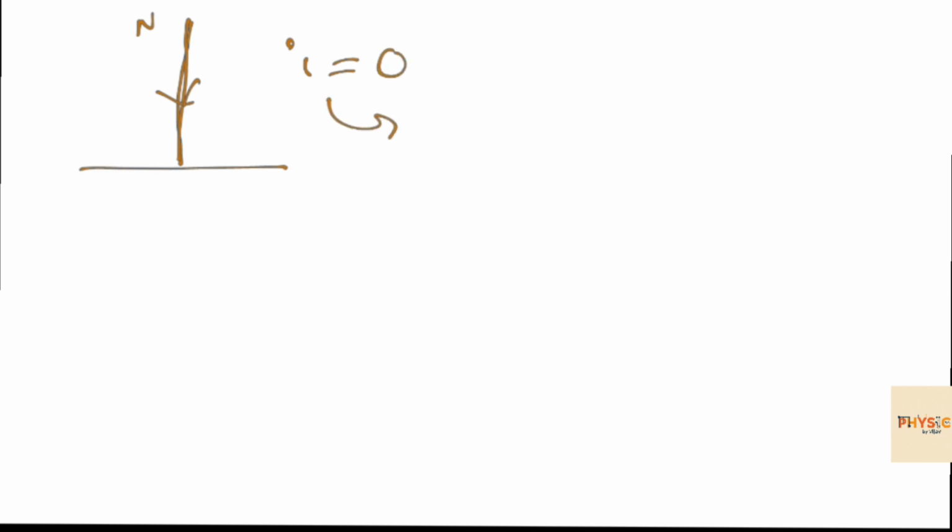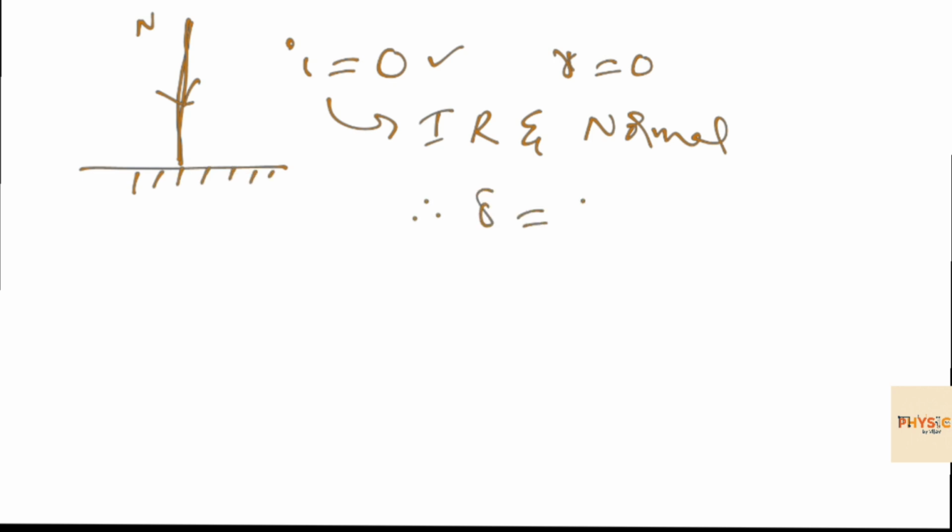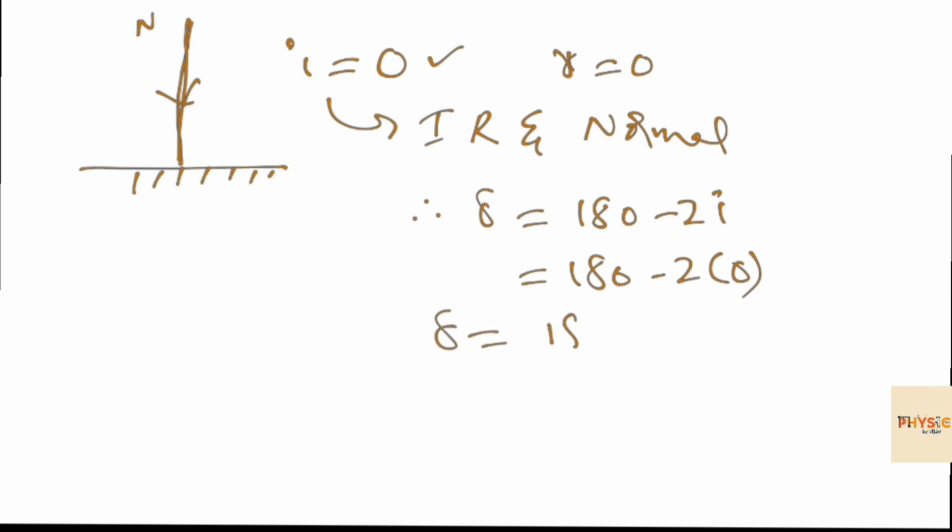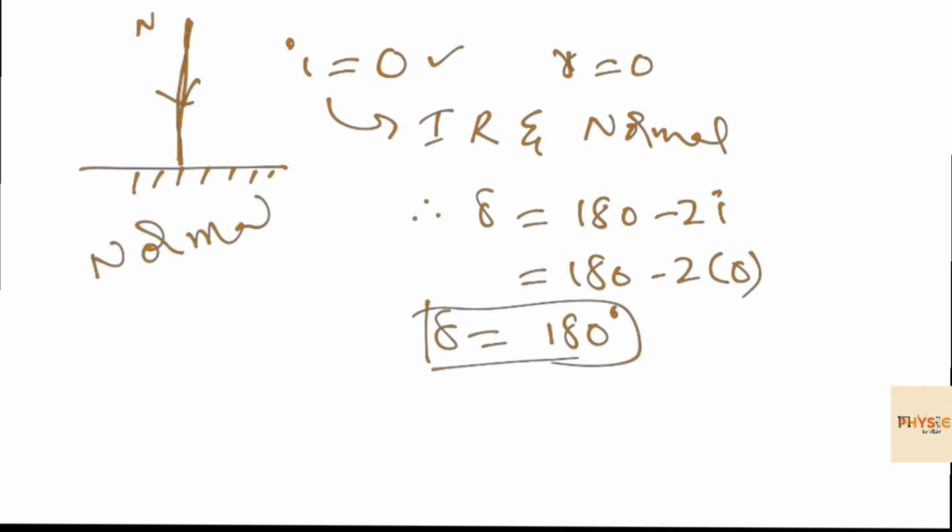The angle of incidence is always taken between the incident ray and the normal, but here the normal and the incident ray coincide, so the angle of incidence is 0 and the angle of reflection is also 0. The angle of deviation becomes 180 minus 2i, which is 180 minus 2 into 0. So for normal incidence, the angle of deviation is 180 degrees.